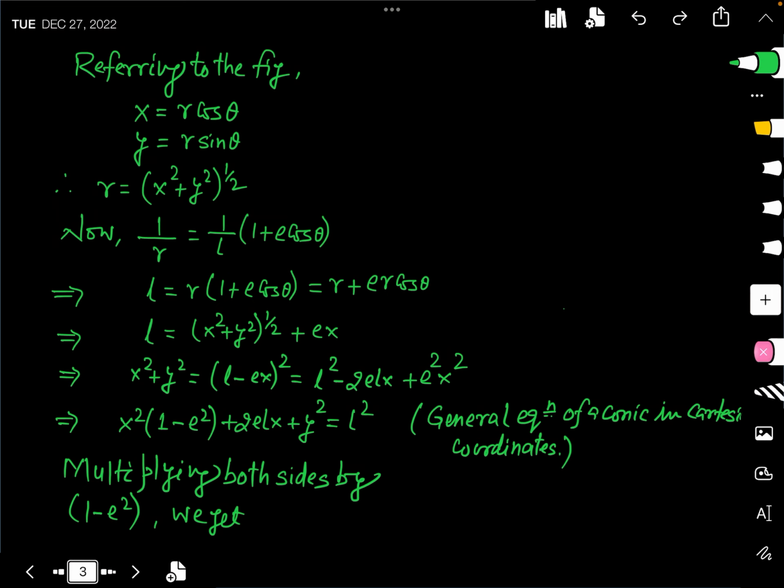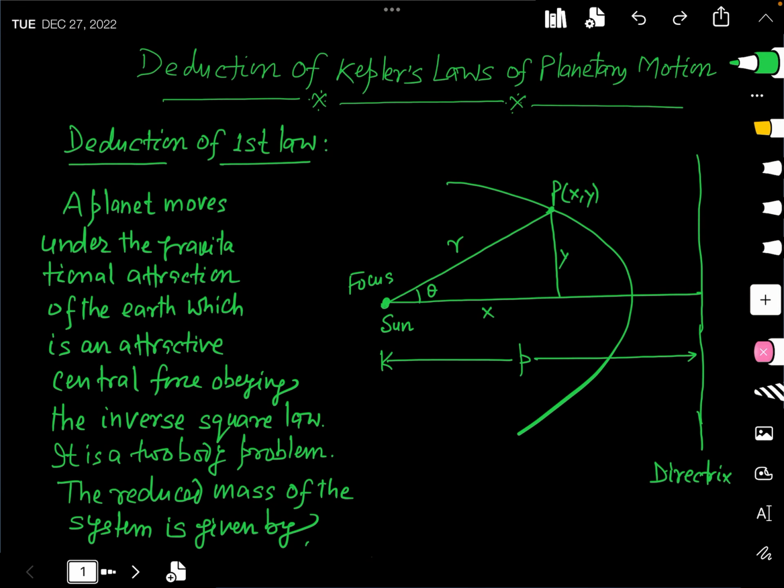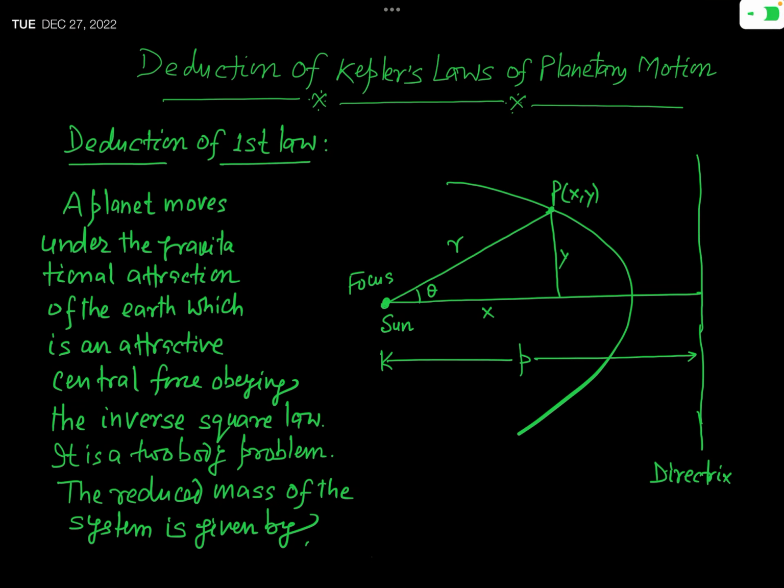For this you can see this figure. In this figure, as I have told you, at position P there is our planet, and at this focus the sun is situated. If you treat the planet just like a point particle and consider x and y as the Cartesian coordinates of this point P, and let this point be S, then SA will be equal to x and PA is equal to y.